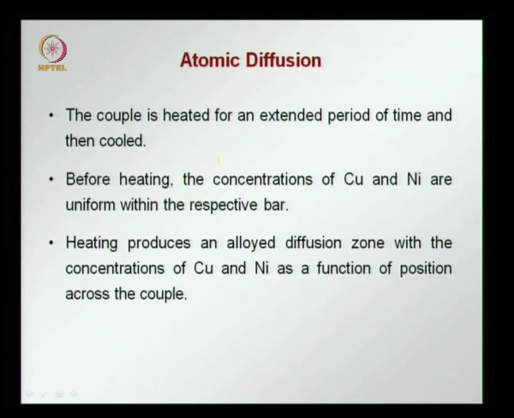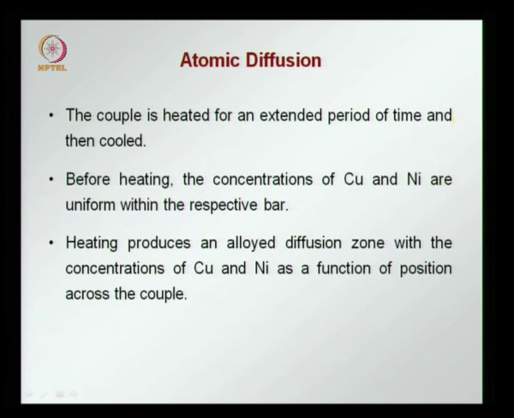So, to recap, we have a couple, two bars of different metals pressed together, heated for an extended period of time and cooled. Now, before heating, the concentrations of copper and nickel in the respective bar, in the previous figure we saw on the left it was copper, right it was nickel, and it had 100% concentration of copper on the left and 100% concentration of nickel on the right.